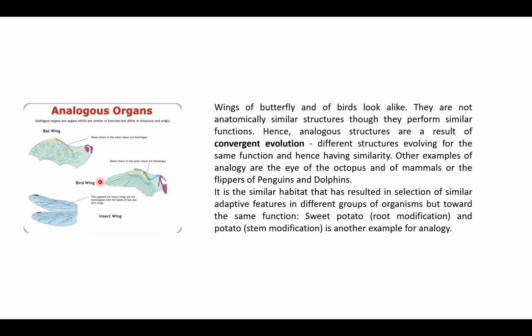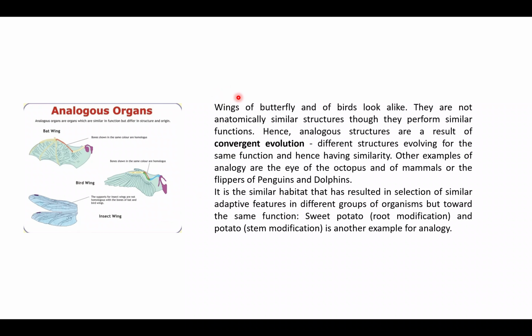For example, the bat wing, the bird wing, and the insect wing. The bat wing has a different bone architecture than the bird wing, and the insect wing does not have the solid bones and all. There are smooth wings in the case of insects, but all of them perform the same function, that is flying.